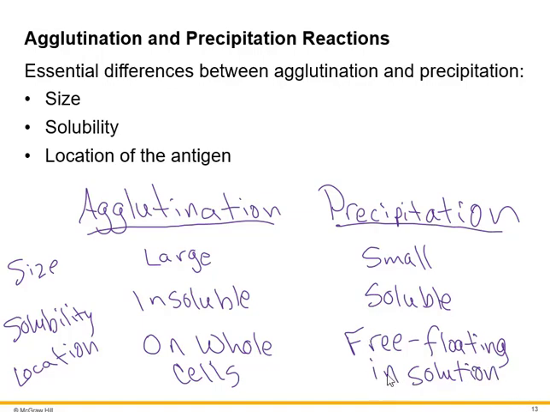So I guess just saying not attached to a cell would probably be more proper to say. So that's one of the ways that we differentiate. And so we're going to show you a little animation on this now.